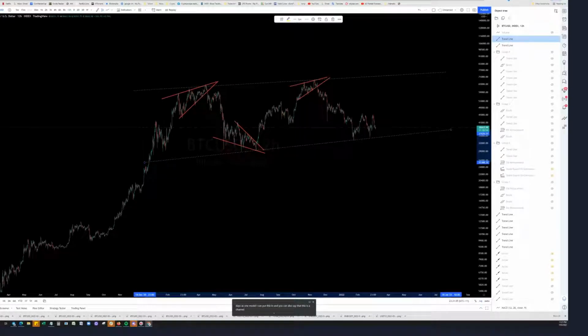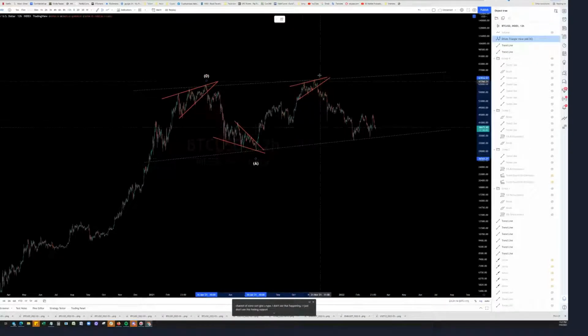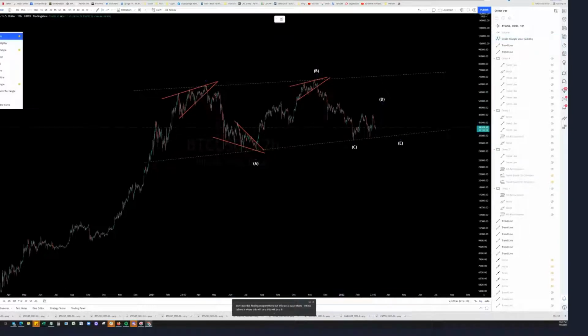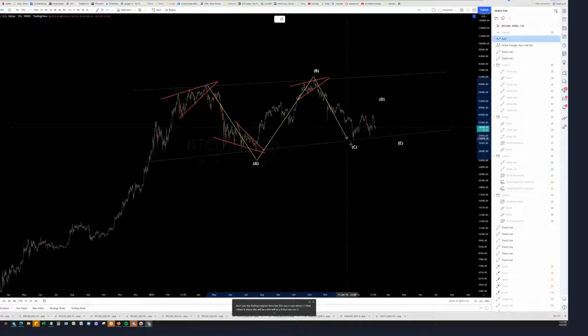But this was a case where, I think I shared it, this will be our A, this will be our B, that was our C, and 50% was going to be our D and an E around here. So I think this is not happening. I thought that might be the case.